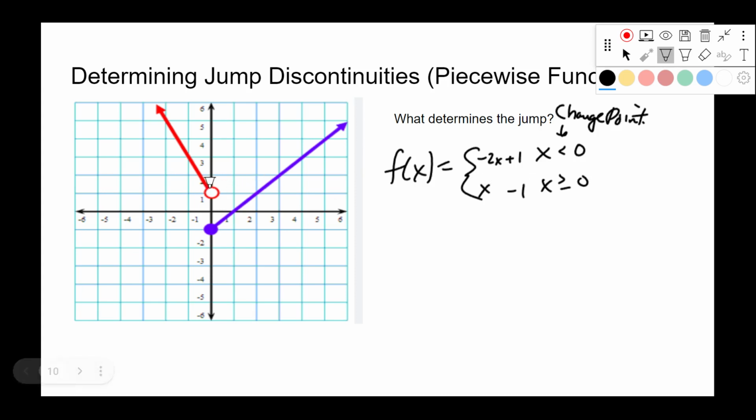So literally, the graph is going to have to jump from 1 at the red line, the top line, down to -1 to start the purple line. So you jumped, okay? So when the two y values here don't match at the change point, they're not the same, that determines the jump.